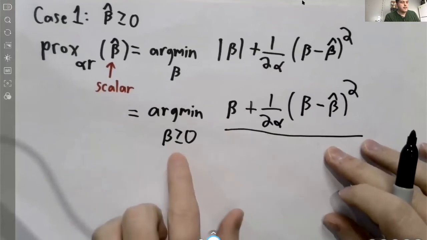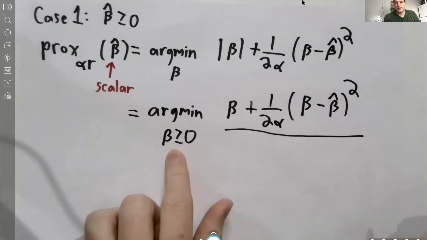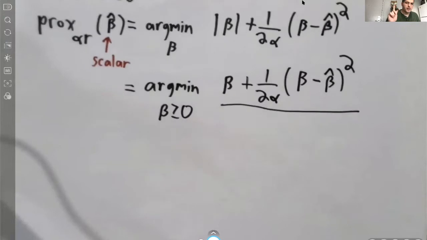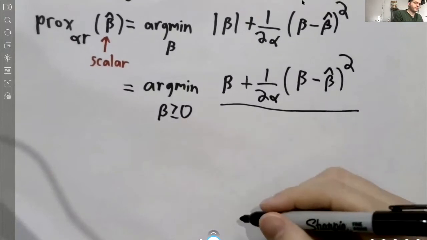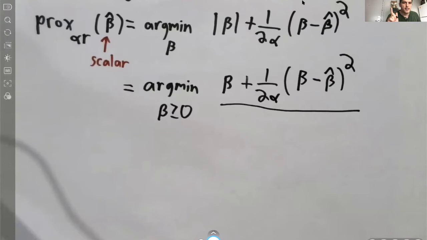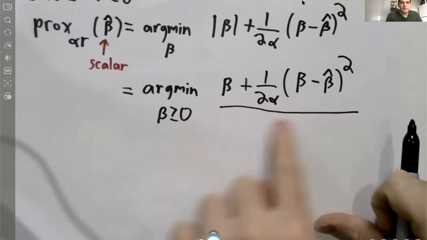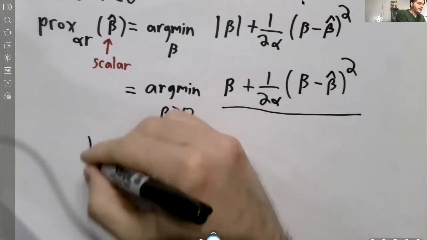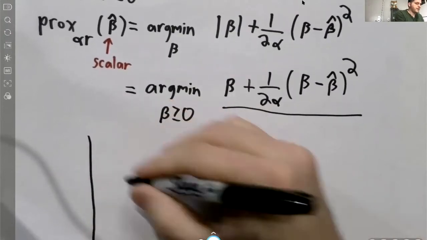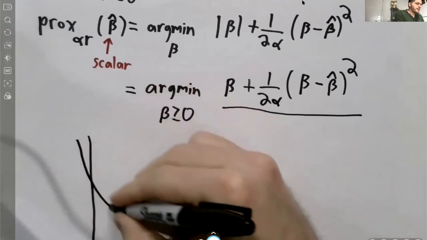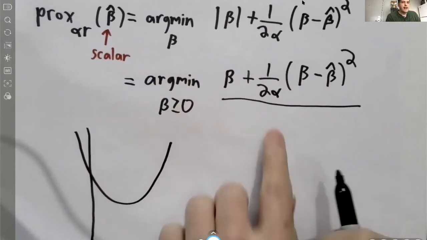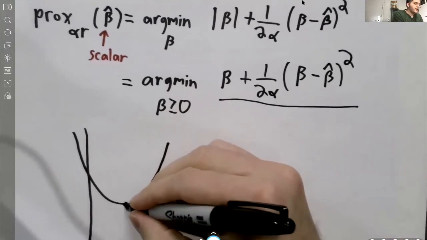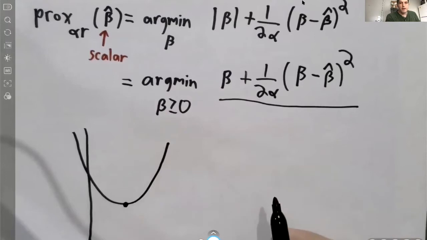Now there is a little complication, which is that we're restricting our attention to non-negative values of beta. And so there are two possibilities here. Possibility one is that if you graph this parabola, then the vertex falls to the right of the y-axis.